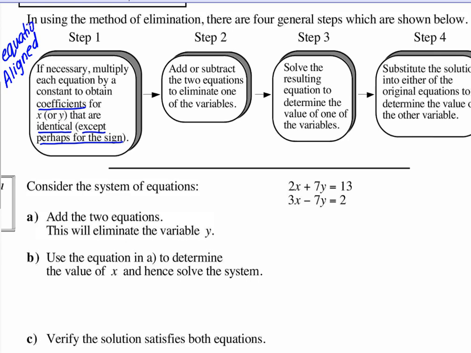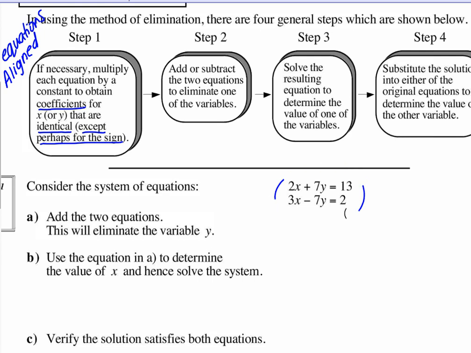What I mean by that is they have to be in the same order. The x, and then the y, and then the equal sign, and the constant should all be in the same spot. Notice the equation down here. Is everything aligned? Yeah, the x's line up, the y's line up, the equal signs line up, and the constants line up. They all have to be aligned.